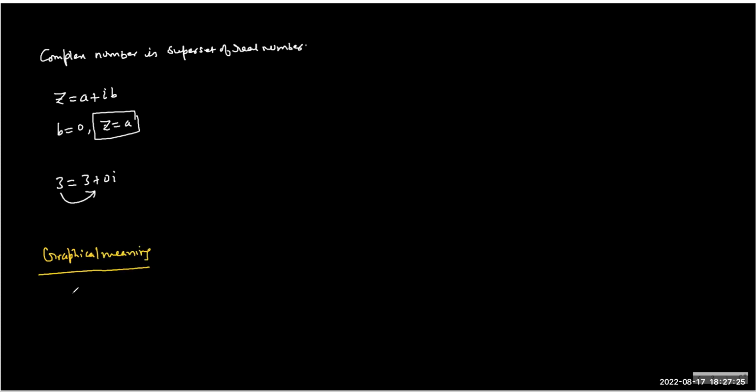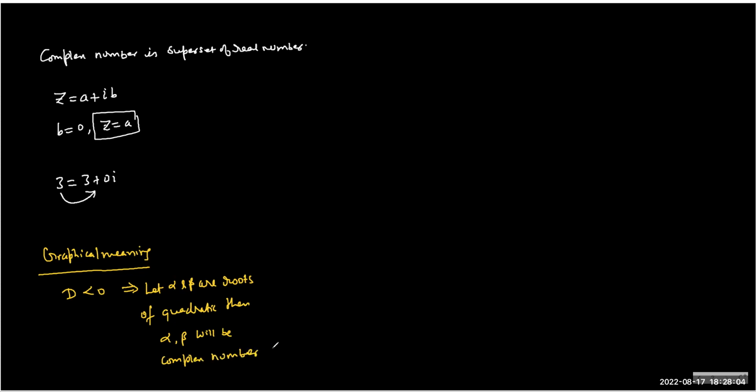So if D is negative, this implies the roots will be, so let alpha and beta be roots of a quadratic, then alpha and beta will be complex numbers, and the graph will never intersect the real axis.